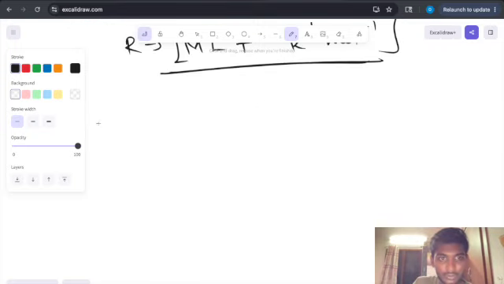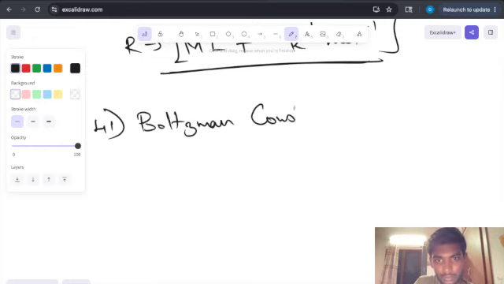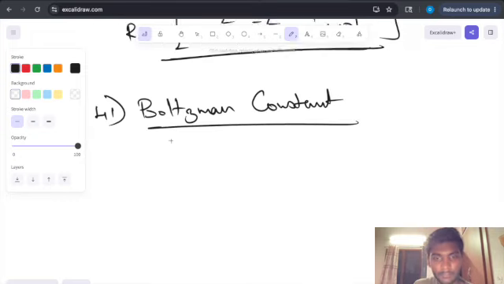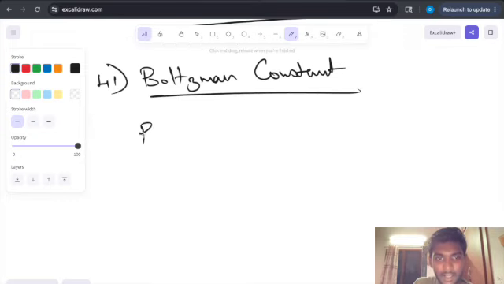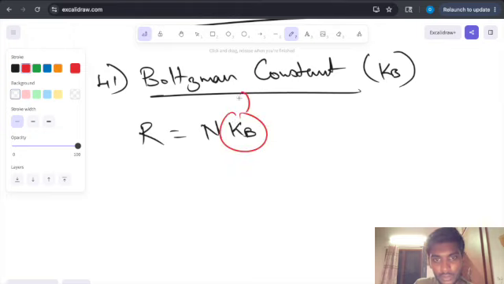Then you have as 41st physical quantity the Boltzmann constant. There's the formula R equals N K B. So Boltzmann constant is represented as K B. K B is Boltzmann constant, N is Avogadro's number.